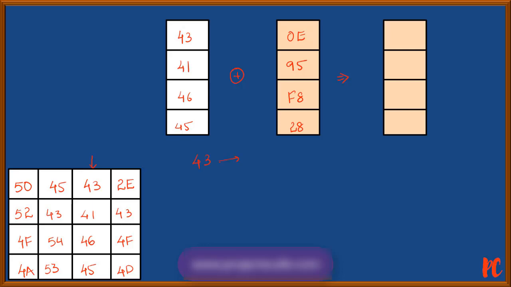Initially 43, which will be 0 1 0 0 followed by 0 0 1 1. Similarly 0e, all zeros, 1 1 1 0. Performing the XOR operation here will lead to 1 0 1 0 1 1 0 0 1 1 0 1, nothing but 4 followed by D. So this will be 4D.